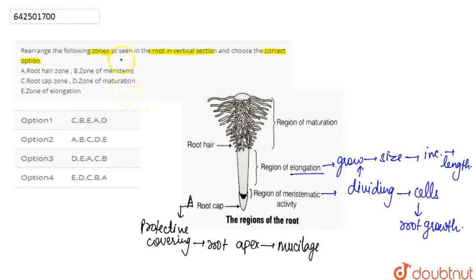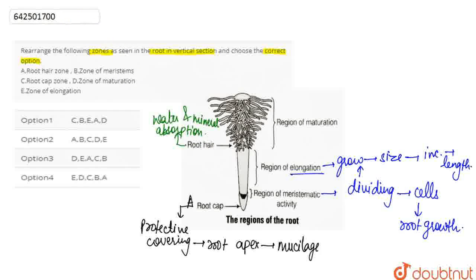Now we have the next, that's the root hair zone. The root hair zone is basically the zone where the root hair arises and grows. They help in water and mineral absorption from the soil.